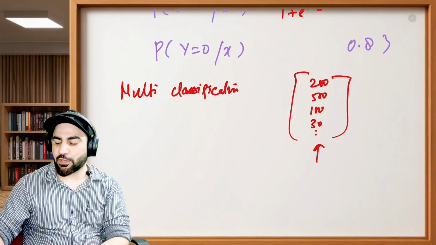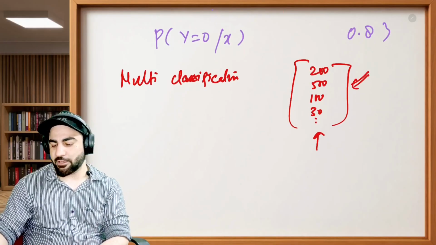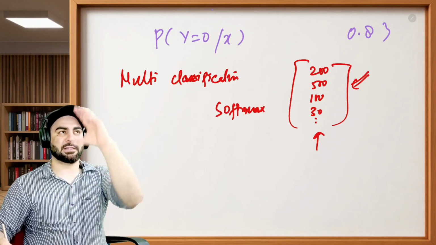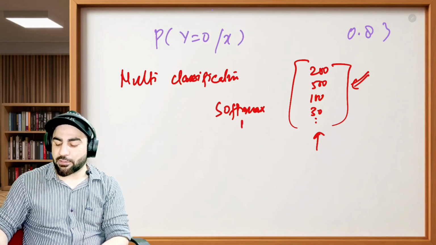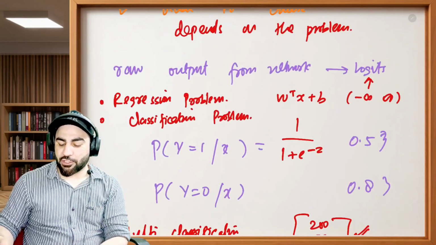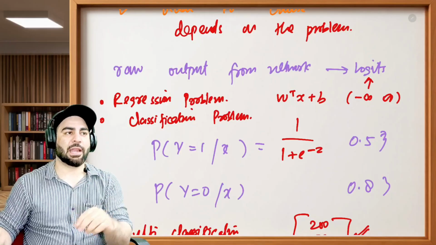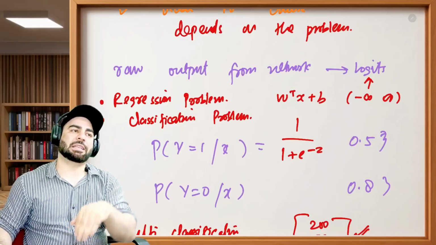You can apply a function on this which is called softmax, which we'll see briefly. What the softmax function does is take all these neurons, all these logits, and convert them into probabilities, not just individually. If you see the difference, sigmoid was applied per neuron, giving a value from 0 to 1 for each neuron, but if you sum up all the probabilities, that can be greater than 1.